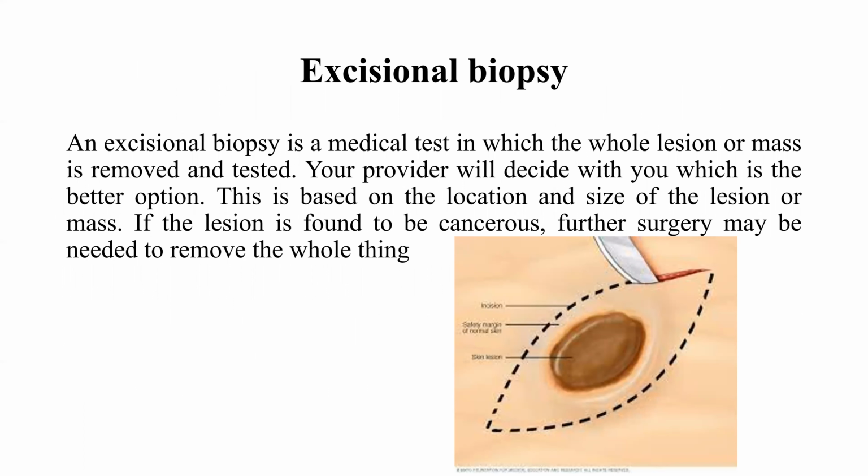Biopsies have several types. As an example, I will explain excisional biopsy. It's a type of biopsy which allows us to eradicate the whole lesion or mass and remove this mass for testing.